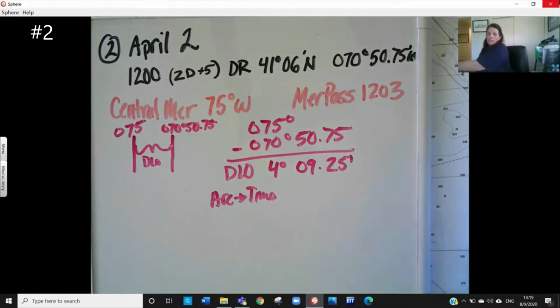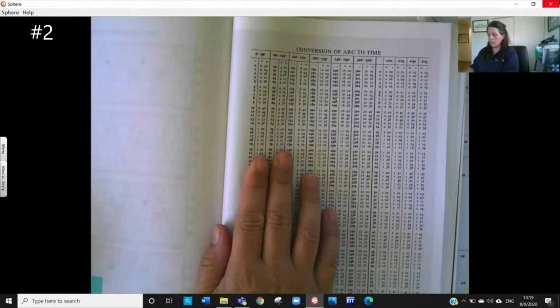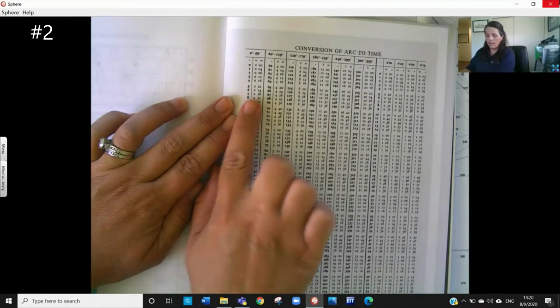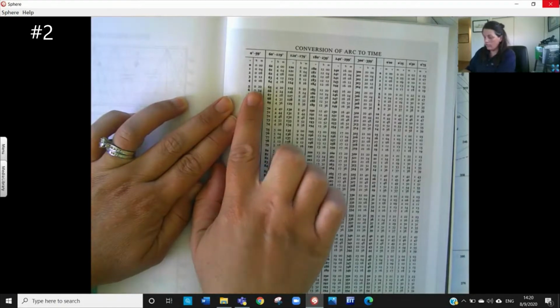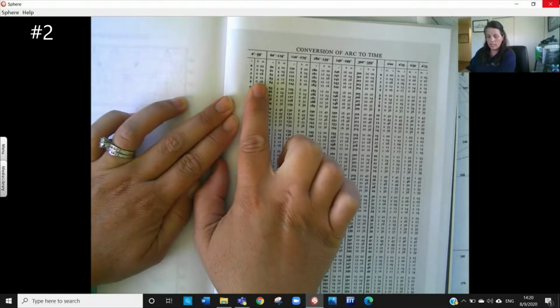So we go to the back of the almanac on our arc to time conversion, and we had 4 degrees, so that would be 16 minutes.